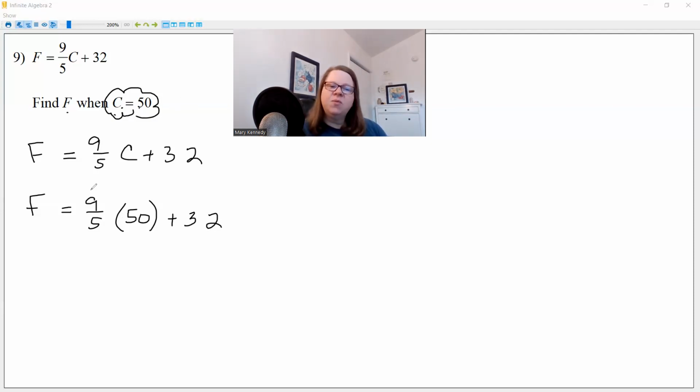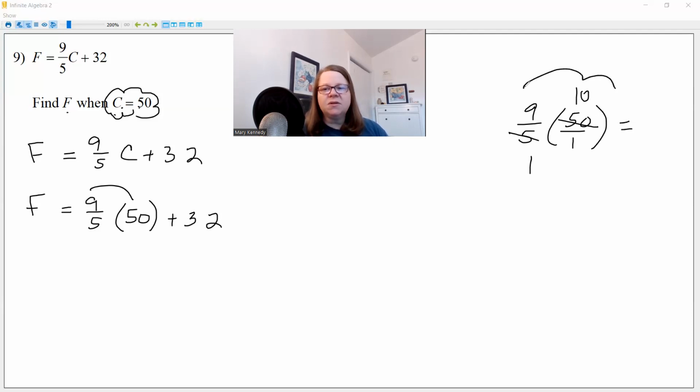All right. So if you're multiplying a fraction, let's think about that. You can think of it as 50 over 1 if that helps you to see that, anytime you have a number on the top and the bottom that you can divide by the same thing, then you can always do that. Like 50 and 5 will both divide by 5. 50 divided by 5 is 10, and 5 divided by 5 is 1.